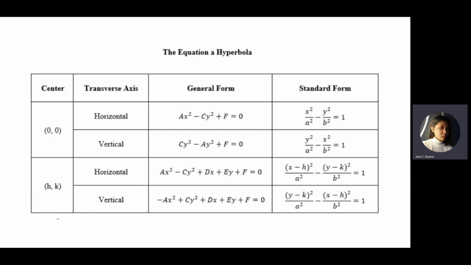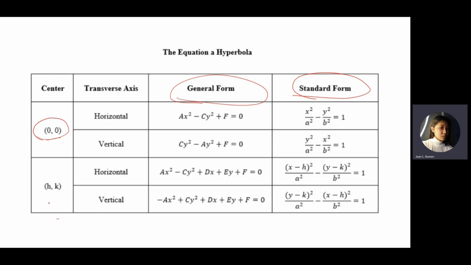So in hyperbola, we have horizontal and vertical orientation. So these are the equations of the hyperbola in general form if the center is on the origin or has coordinates of 0, 0, and these are the equations of the hyperbola in standard form with center 0, 0.